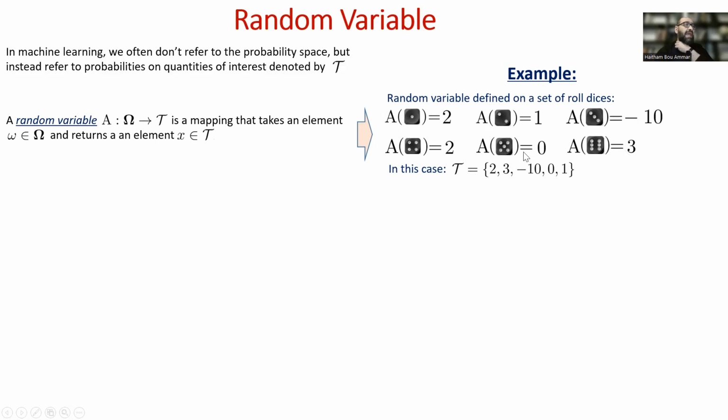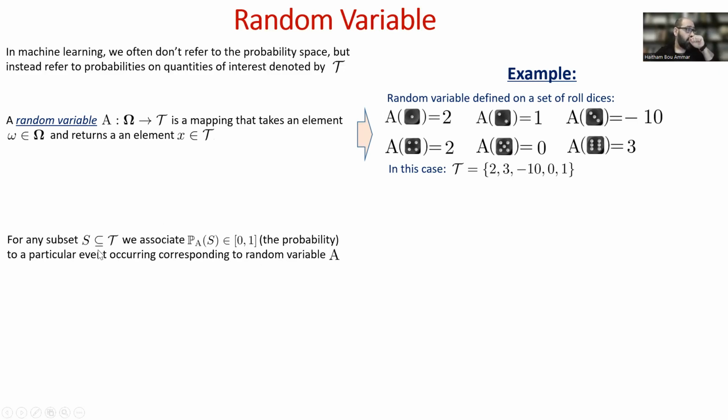What A is doing is simply taking the elements inside omega and mapping them to some x inside this T set. That's really what a random variable is. It's a function that will take elements from omega and map them into some set T of interest for us.